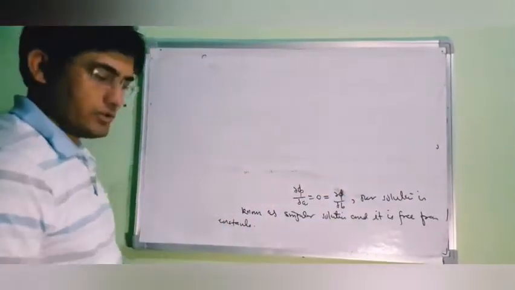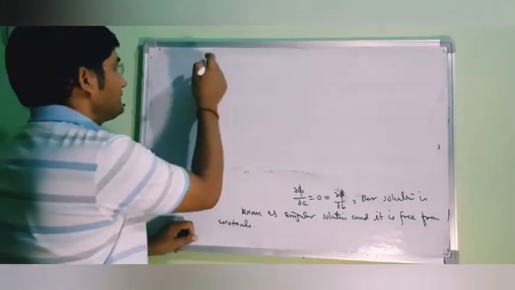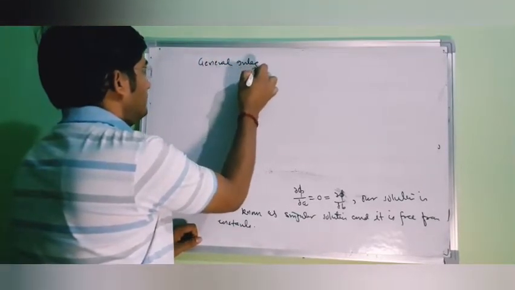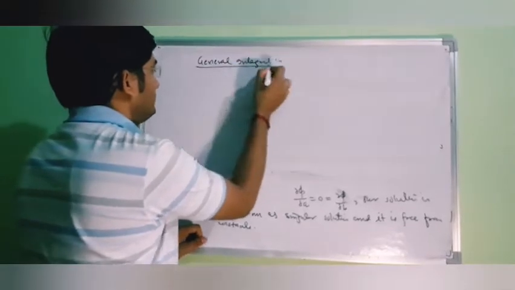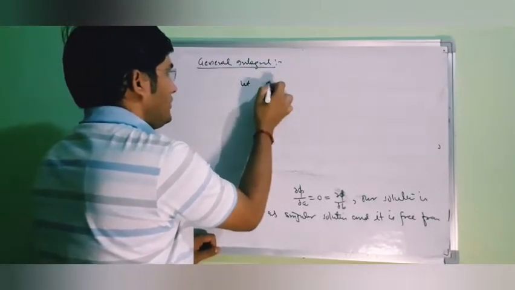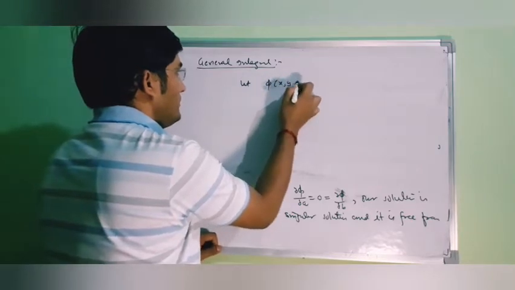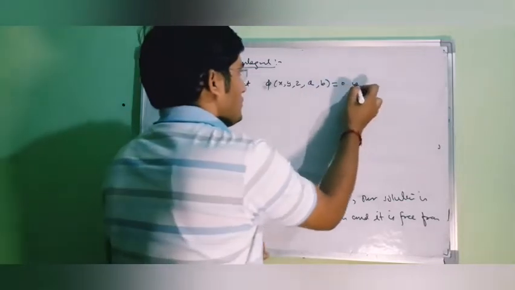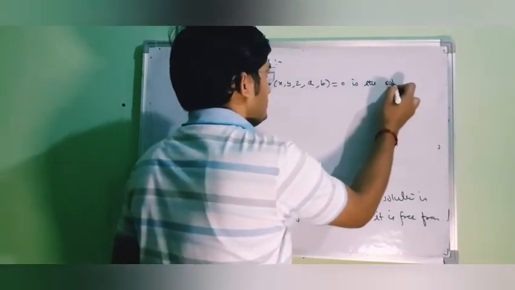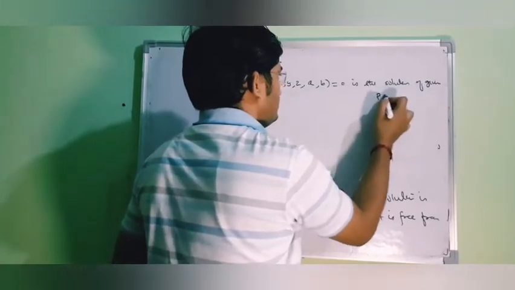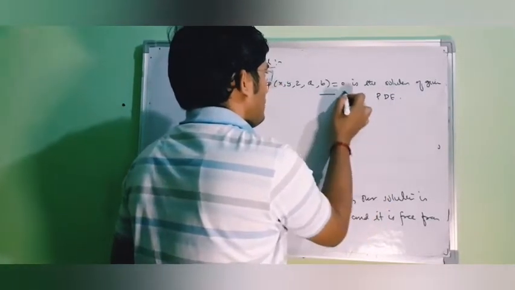Now let us consider the general integral. Let phi of x, y, z, a, b be the solution of the given PDE, and say it is equation number 1.